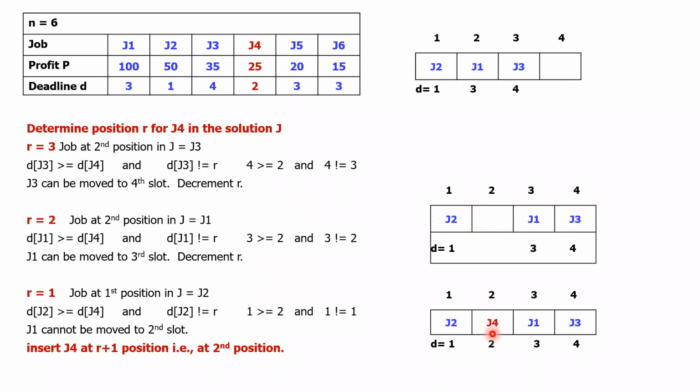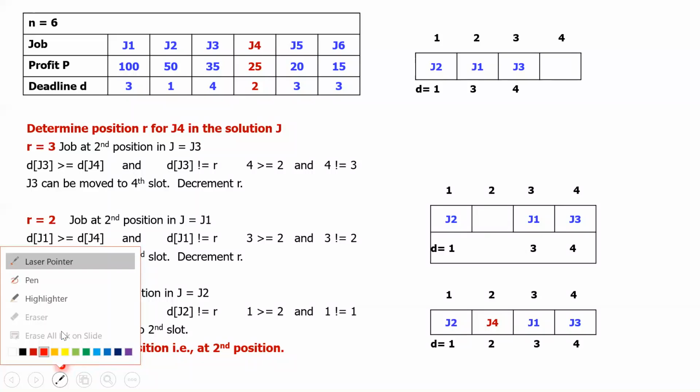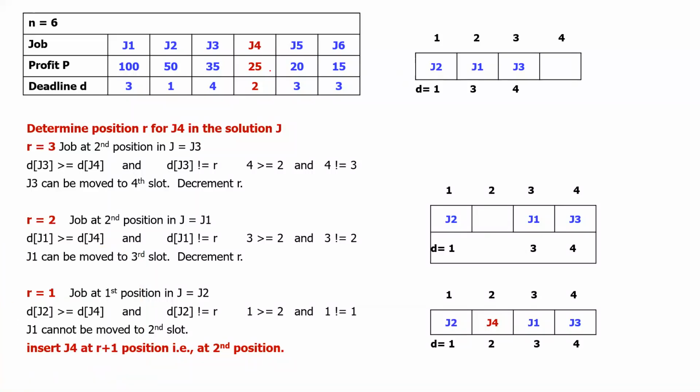I can schedule. If, for example, J4's deadline instead of 2, if its deadline is 1, for example. J4's deadline is 1. So even though there is an empty slot here, I cannot schedule J4 here because that will be violating the deadline of J4.